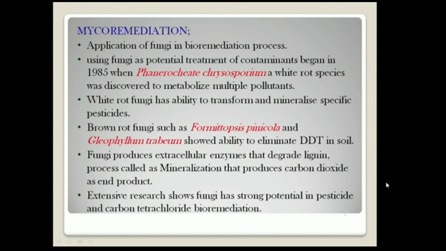Application of fungi in bioremediation is also termed mycoremediation. White rot fungi have a high ability to transform and mineralize specific pesticides, whereas brown rot fungi such as Fomitopsis pinicola and Gloeophyllum trabeum show an ability to eliminate DDT in soil.